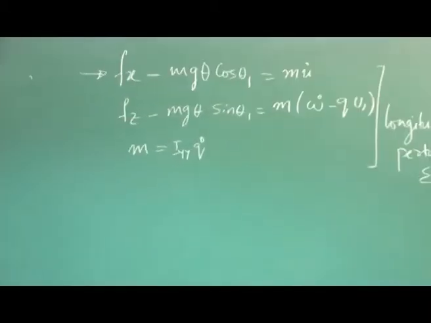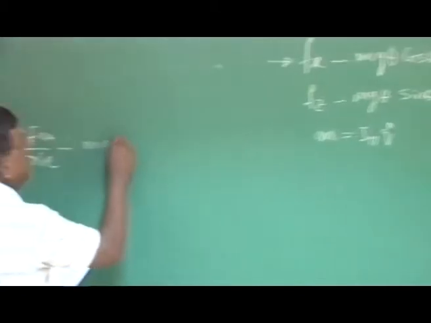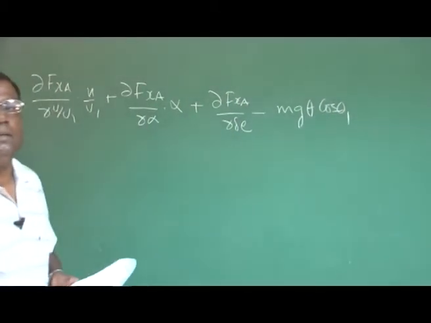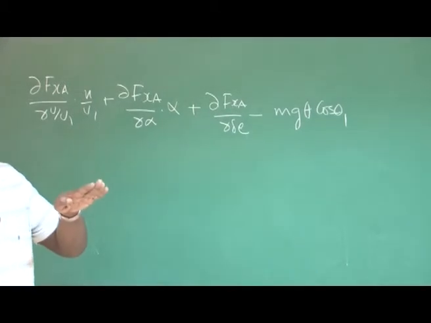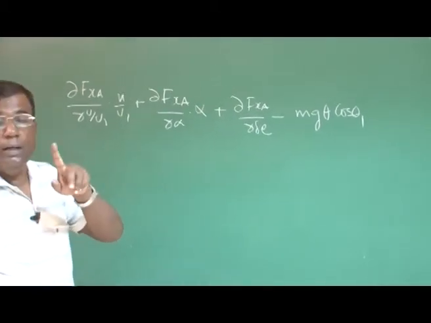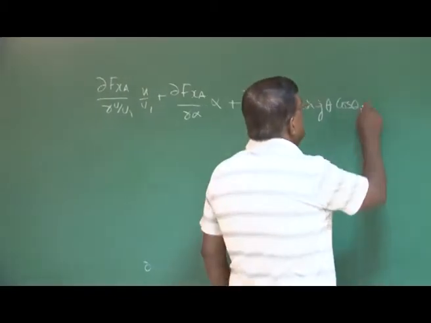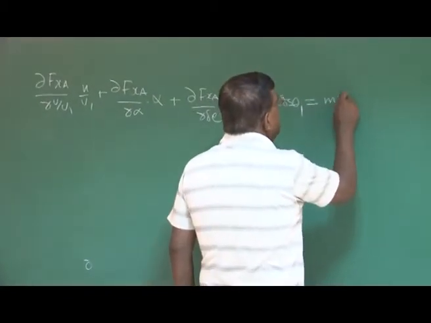Then I write minus mg theta cos theta 1. What was theta 1? Theta 1 is the attitude of the airplane at cruise. It is not the flight path angle. Please understand. So this is equal to m u dot.